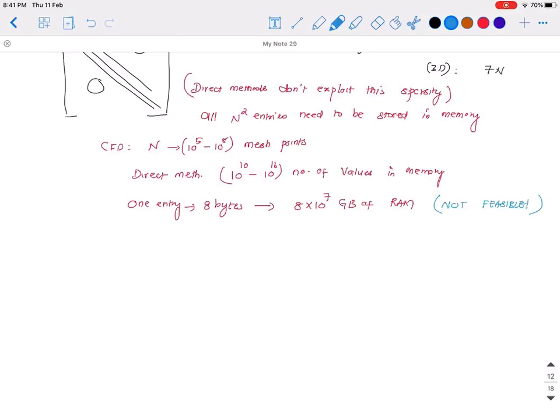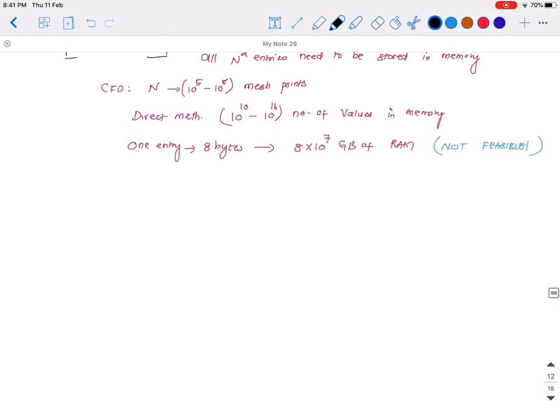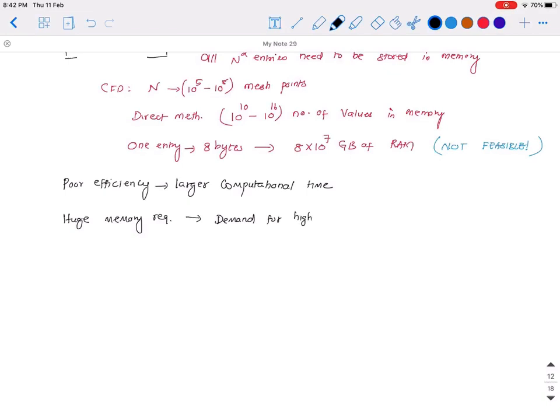Once again I highlight, the major problems are the poor efficiency, which leads to larger computational time, and huge memory requirements, which demand high-end hardware.